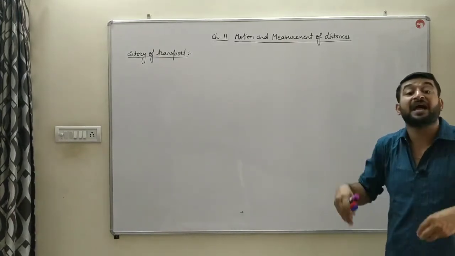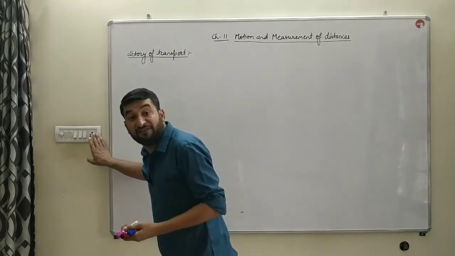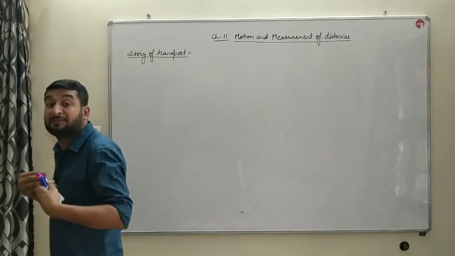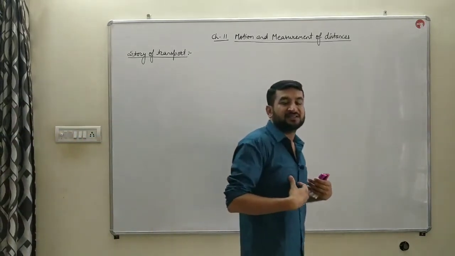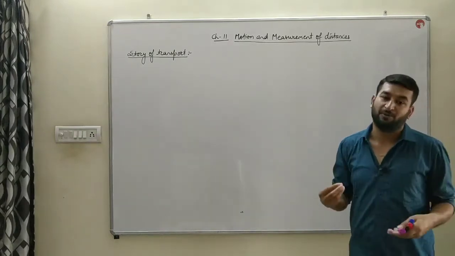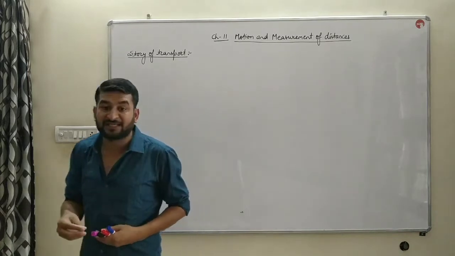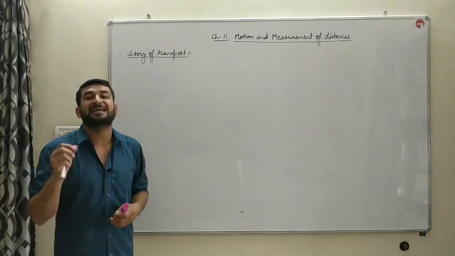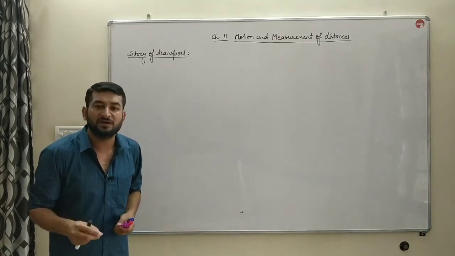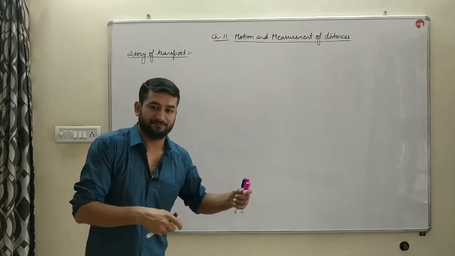That means now I am in motion, because with respect to this reference point, I am changing my place. I am changing my distance. That is what motion is all about. When any object changes its place, its distance with respect to a reference point, then that object is said to be in motion. तब हम उसे क्या बोलते हैं? वो object motion में है.